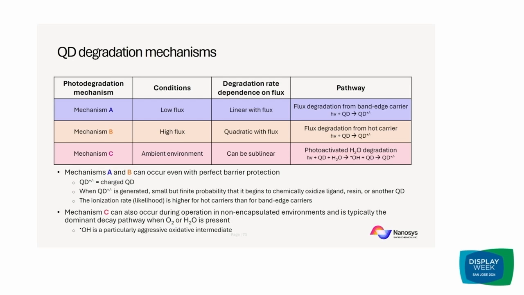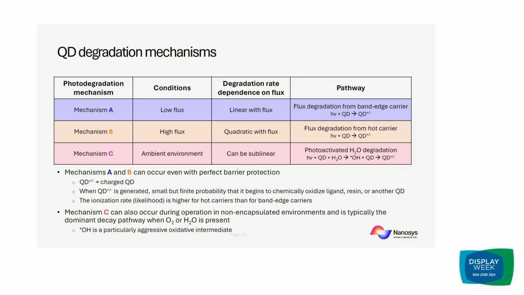And when they leave the system, it's possible that they do photoreactive chemistry, so either photooxidative or photoreductive chemistry. And both of these are potentially permanently damaging to your material system. The last mechanism that I've highlighted here has to do with a lot of this work that we've done on making these air-stable quantum dots.